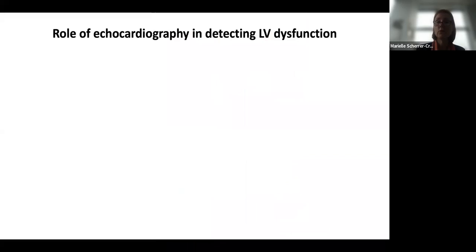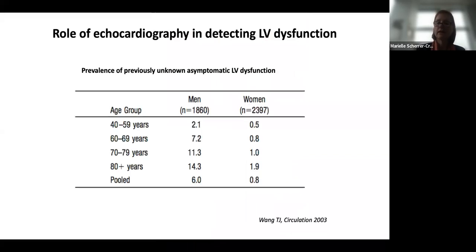So what's the role of echocardiography in detecting LV dysfunction? And I'd like to show you a statistic which I think is actually very interesting and that I think of quite often, which is from Tommy Wang, who published this from the Framingham study in 2003. What he showed was the prevalence of previously unknown asymptomatic LV dysfunction.